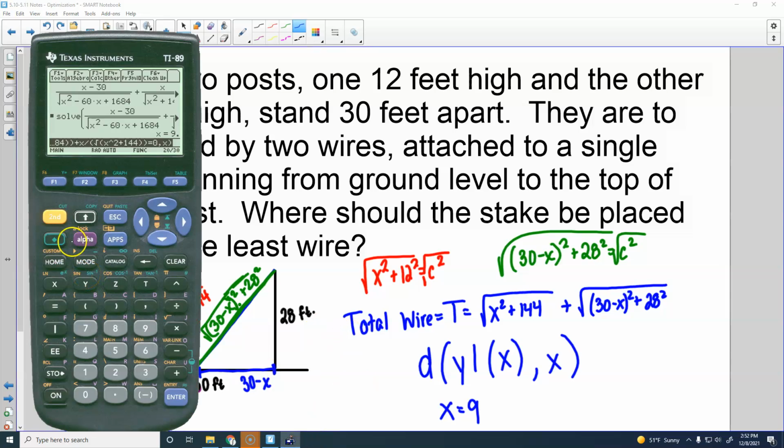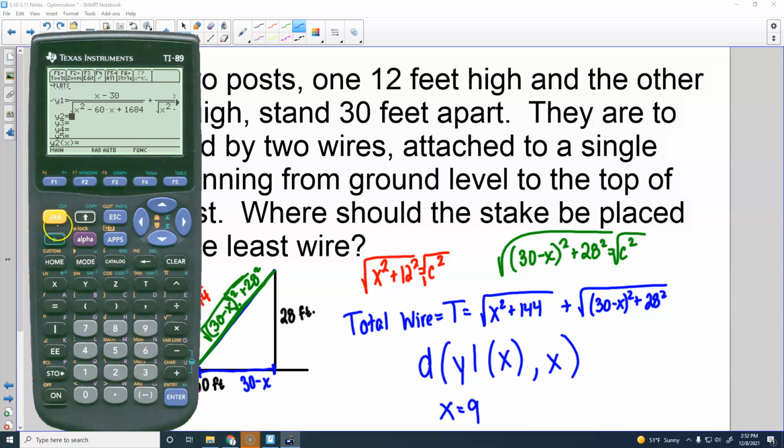All right, now, technically we should check to see if this is a maximum or minimum. I'm going to look at the graph. So if I paste that derivative, oh, what happened? I thought you could. Yeah, you can.